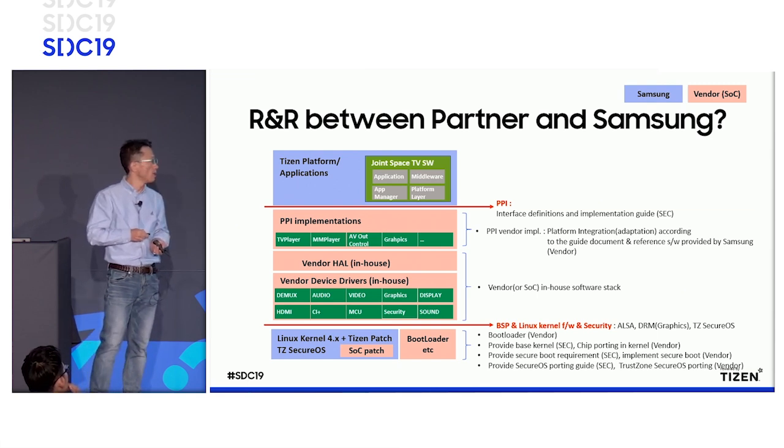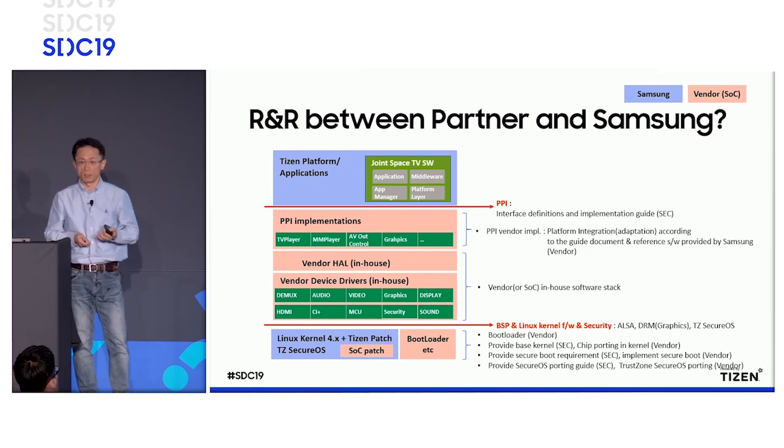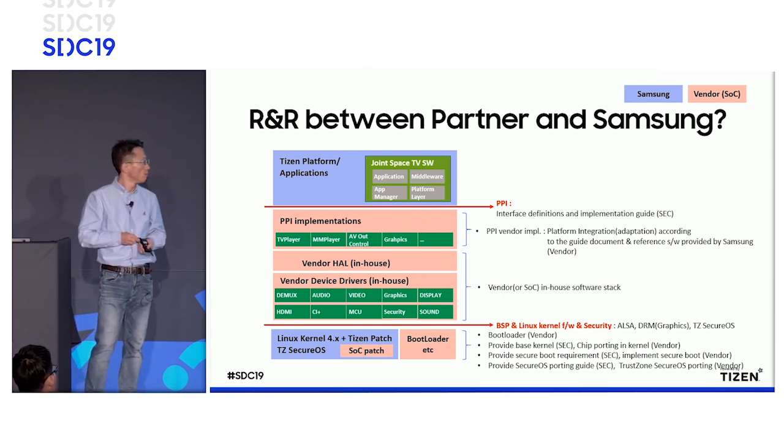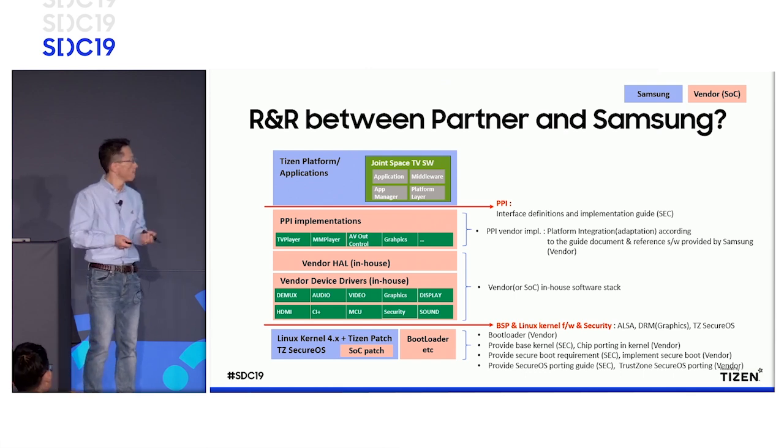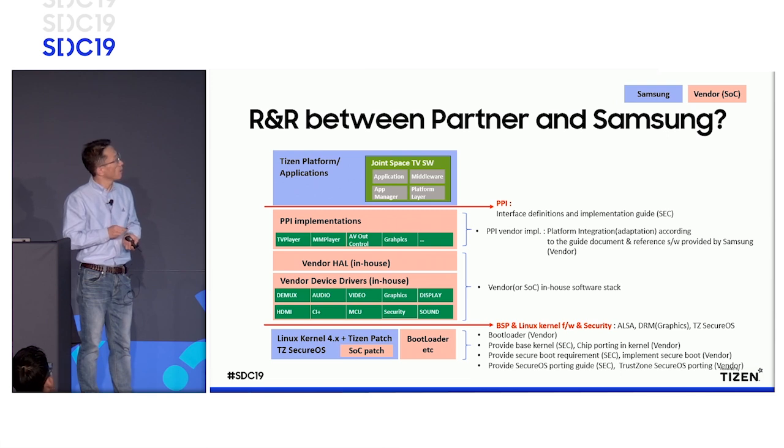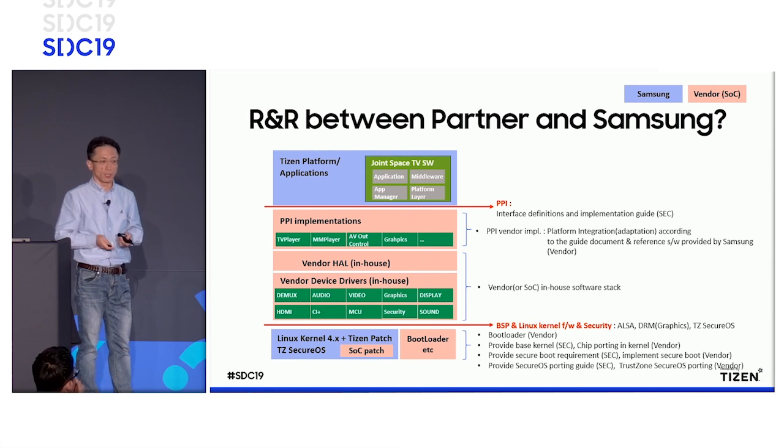We provide the secure booting requirement, then the vendor needs to implement secure boot based on that requirement. We provide secure OS porting guidance, then you have to implement based on the guidance, and you can fill up the trust zone or secure OS. Then if you follow all, then I can say that is meeting the requirement to become the Tizen TV.